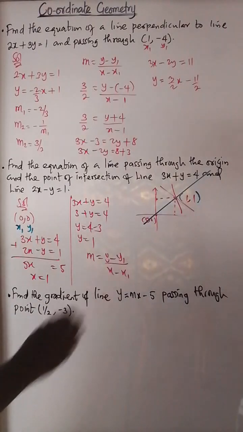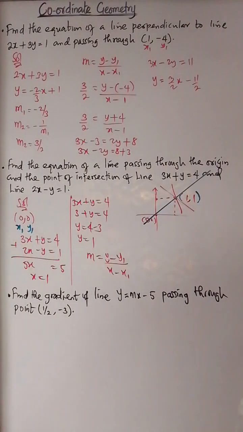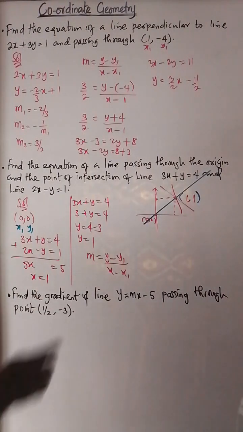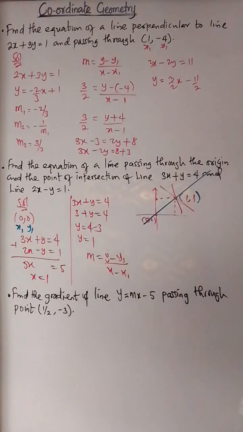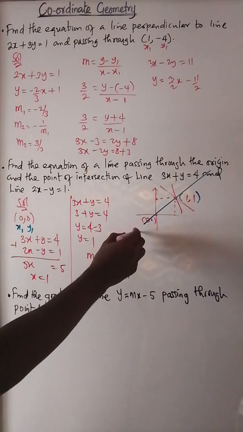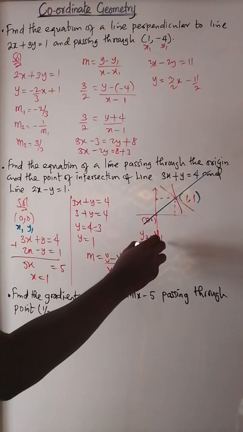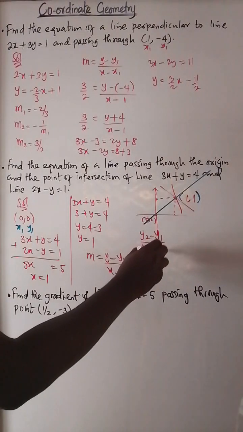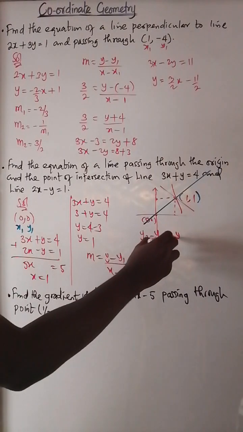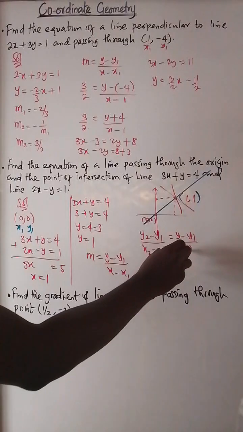X minus x1. Now, in this particular question, we are not given a gradient. So whenever we are not given a gradient, we put the formula of gradient there itself. That's y2 minus y1. Let me just write below it. So our m itself is y2 minus y1 over what? X2 minus x1 equals what we have here? Y minus y1 over x minus x1.